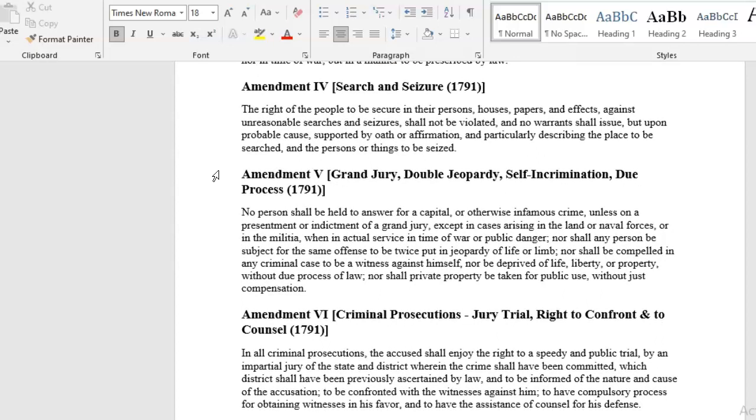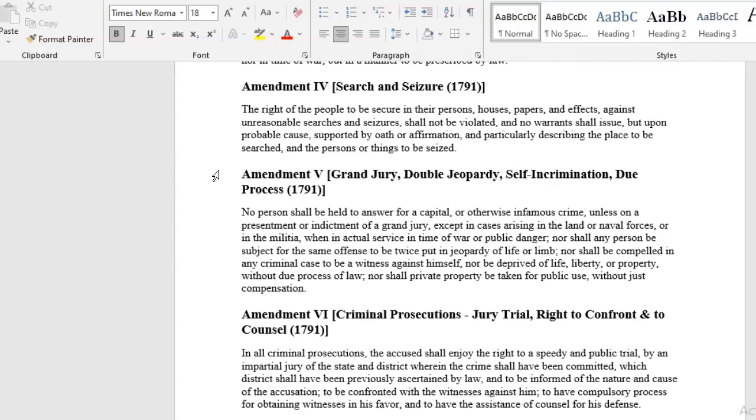Okay, the Fourth Amendment, search and seizure. The right of the people to be secure in their persons, houses, papers, and effects against unreasonable searches and seizures shall not be violated, and no warrants shall issue but upon probable cause, supported by oath or affirmation, and particularly describing the place to be searched and the persons or things to be seized.